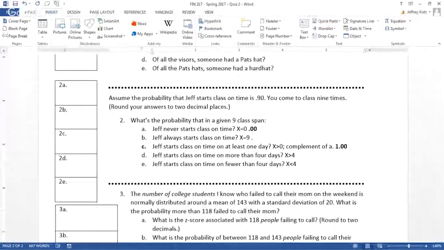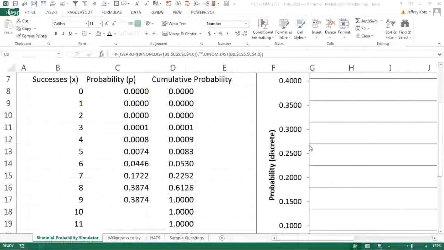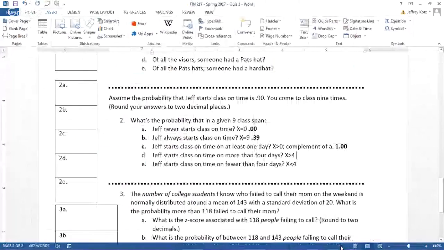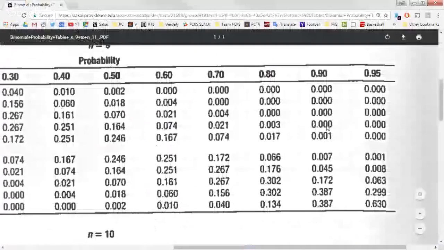I believe it says the 2 decimal places. So 0.387 should round to 0.39. X is greater than 4. Add up those guys, and again, we get 0.999. We look at this table, and it looks like we had a bunch of zeros here, and that's 0, 1, 2, 3.